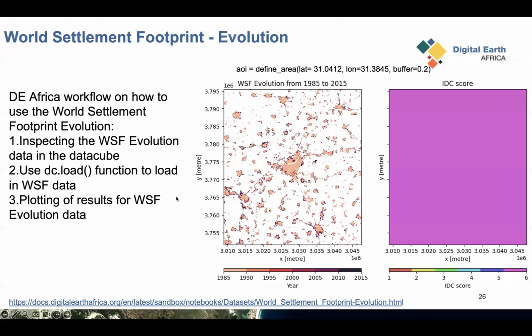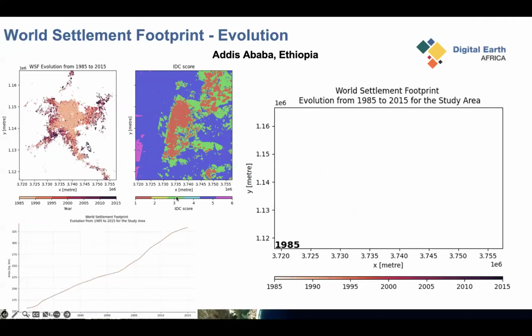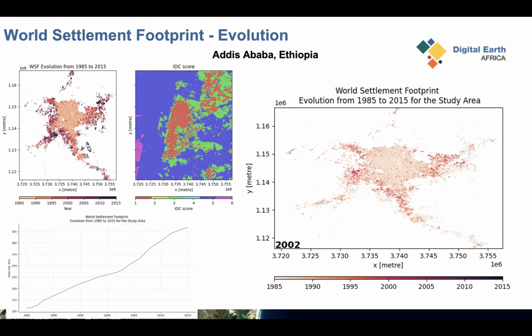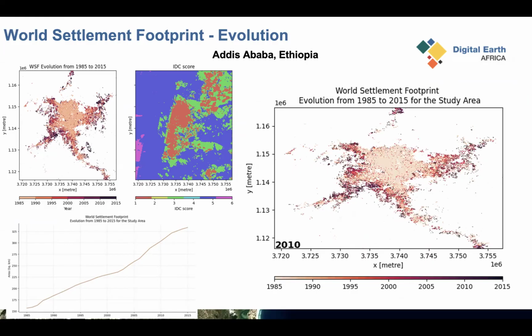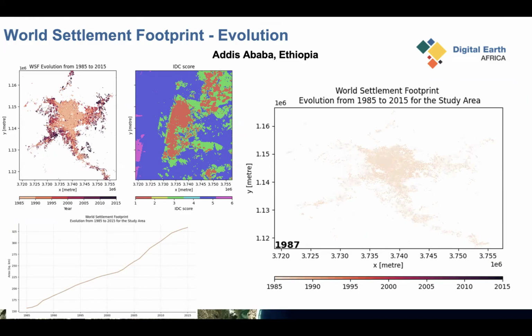And also looking at other data examples, we have the case of Addis Ababa, where you can see in the 80s it was quite small, but over time it has grown to actually become the capital of Africa. Quite some developments over time.